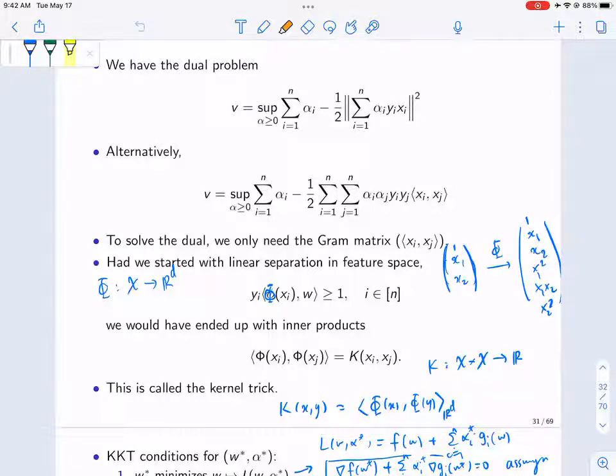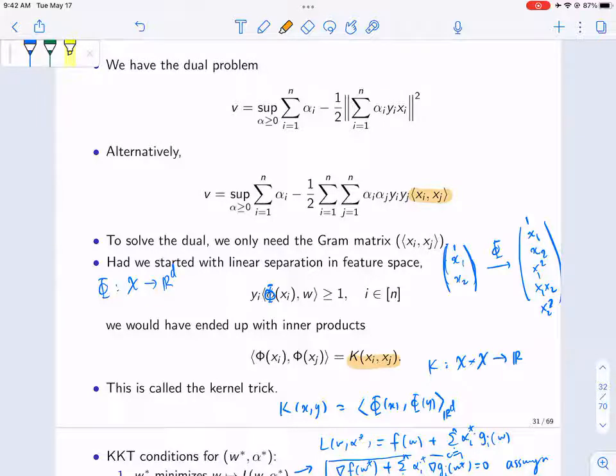you had this dual problem where you would end up looking at a Gram matrix in the XIs, basically, the examples. And so we talked about the fact that if you replace this inner product with a general kernel matrix, then you can still solve this dual problem.